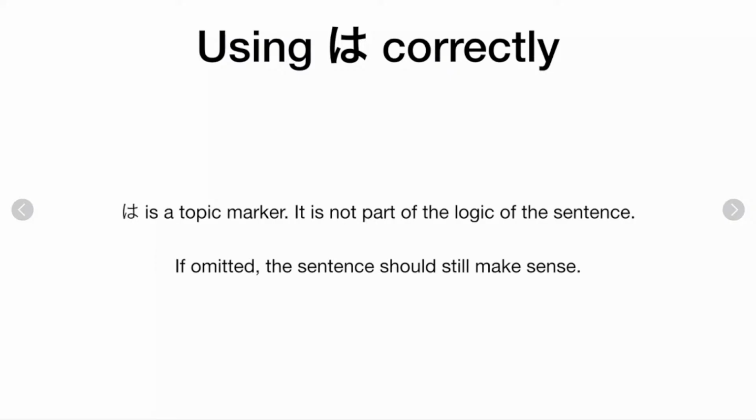So having talked about ga, and we know that ga contrasts to wa, let's talk about how we actually use wa. So wa is a topic marker, not a subject marker. Wa is not part of the structural logic of the sentence. So when you say A ga B, right?